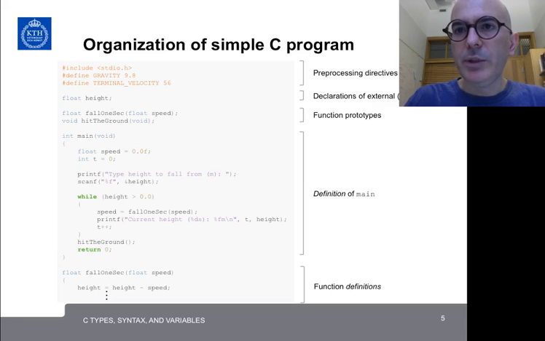This function needs to be defined first with a function prototype. Just give the name of the function, the argument, and the output type. And of course, you need to provide the whole body of the function in the definition. You can see the definition of the function here at the bottom of the slide. In addition, we can define variables outside the function. These variables are called external or global variables.